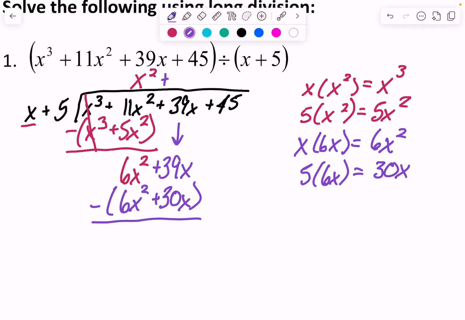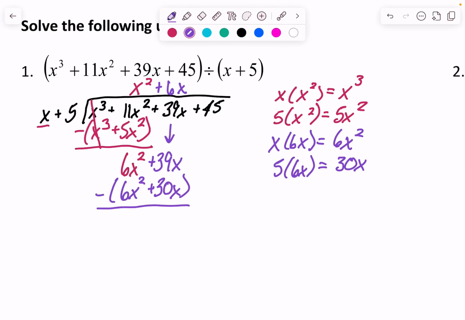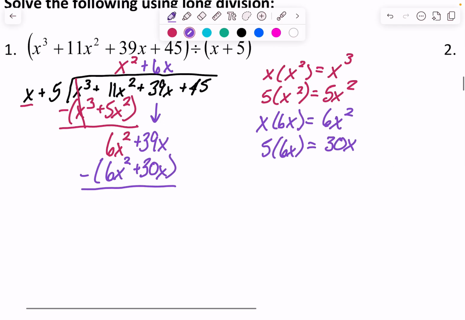And the 6x goes on top. So now my 6x squared's canceled out because that's always our goal. 39x minus 30x, I get 9x. And then I bring down my next term.